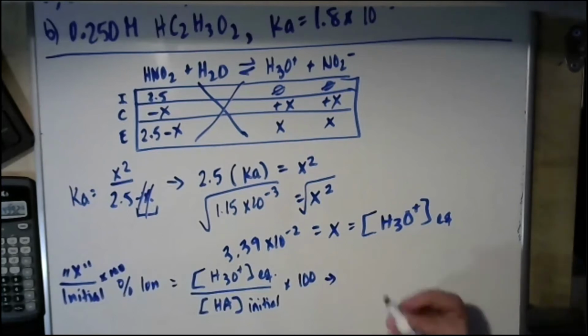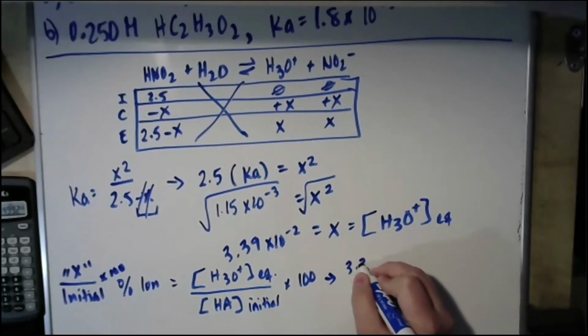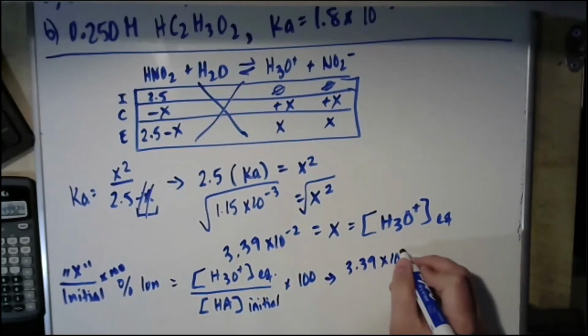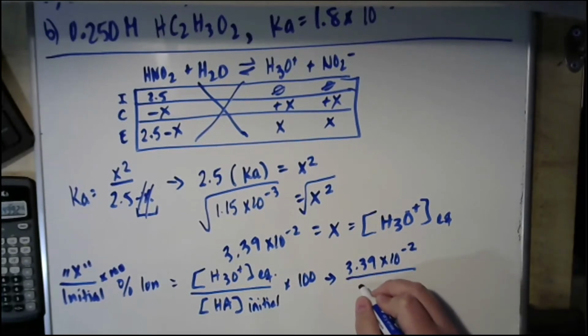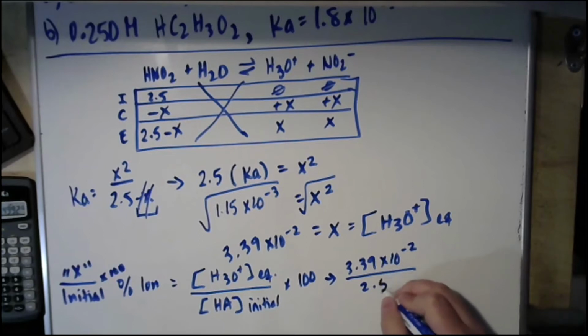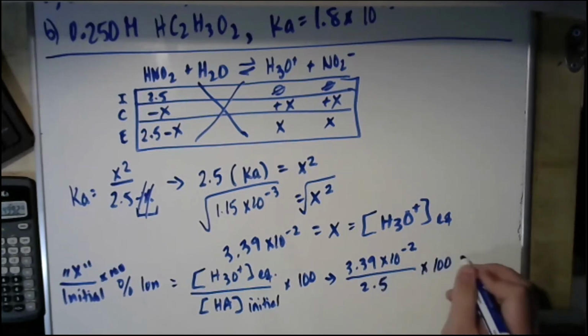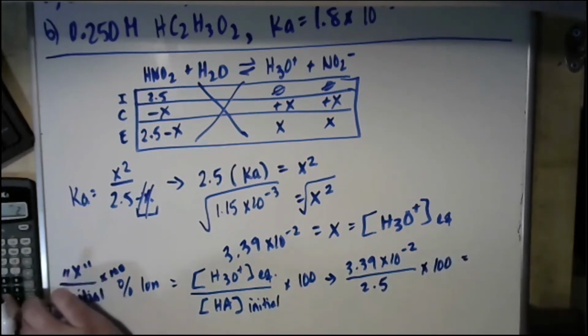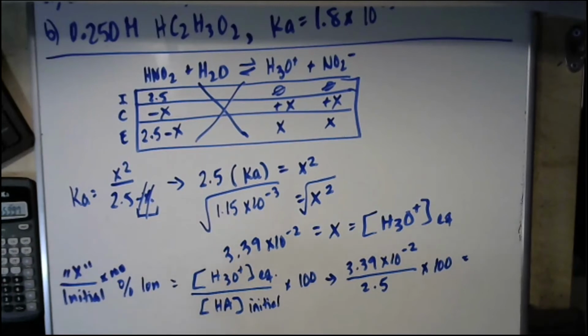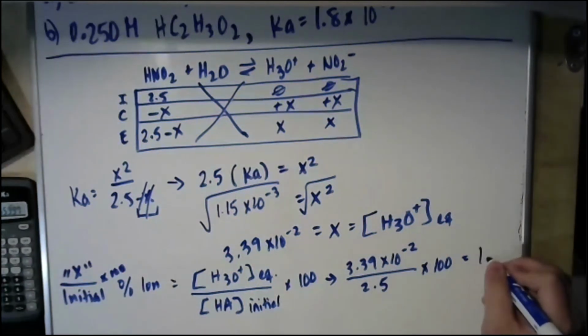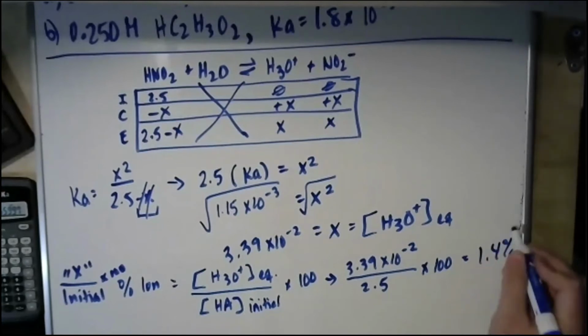So when we plug this in, we have 3.39 times 10 to the negative 2 divided by 2.5 times 100. And we get a percent ionization here of 1.4%.